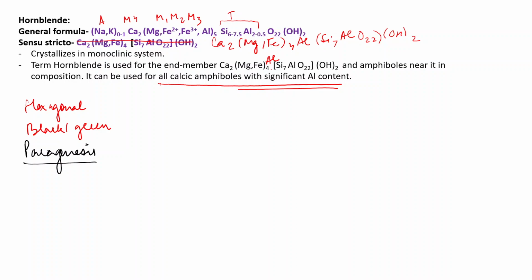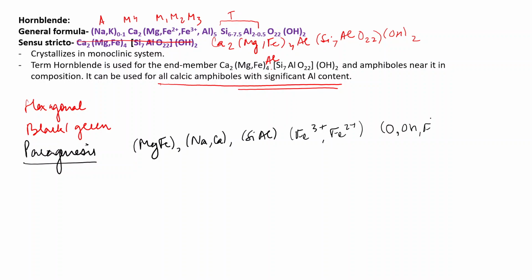If you look at the extremely wide range of chemical substitutions possible in hornblende, the substitutions may include those of Mg, Fe, sodium, calcium, silicon, aluminum, Fe3+, Fe2+, oxygen, OH, and fluoride.